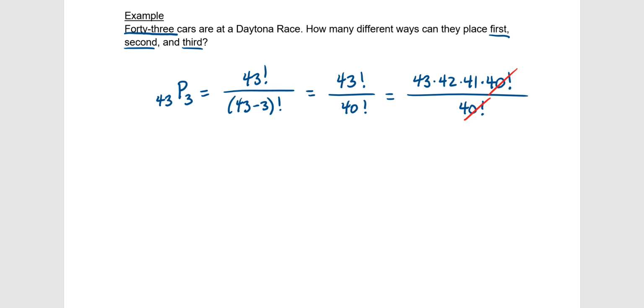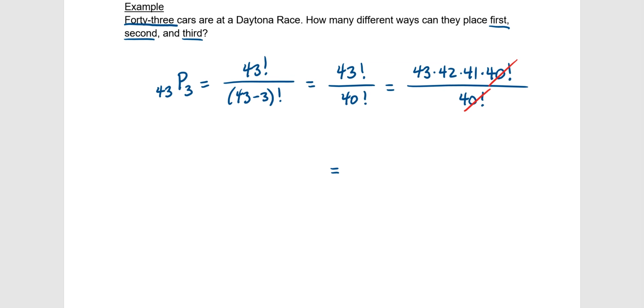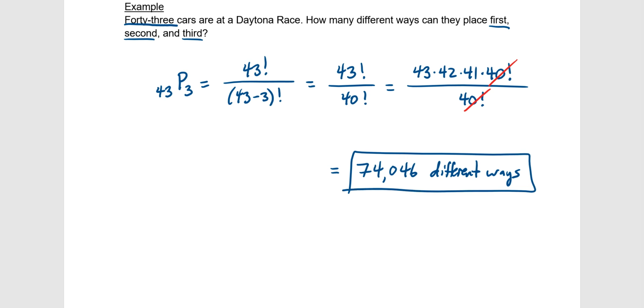So it just saves you some time having to write them out. Multiplying 43 times 42 times 41 gives us 74,046 different ways. Usually these numbers are going to be a little bit bigger than you might think of initially in your head.